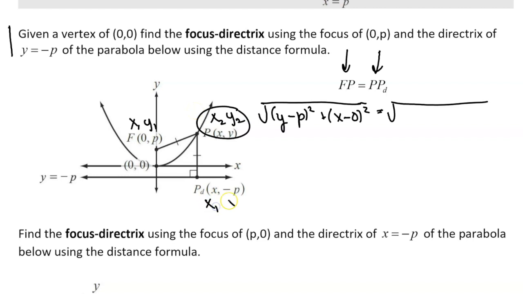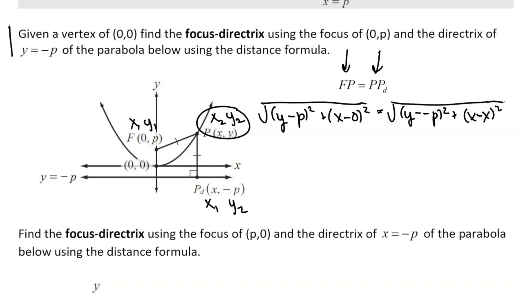And right here, we'll say that this is our first point, x1, y1. So if you input the values there, with y2 minus y1, you would have (y - (-p)) squared plus (x - x) squared.